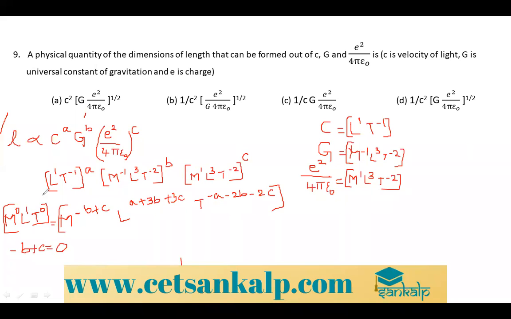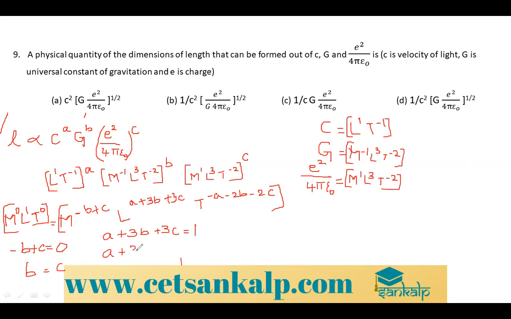The power terms you are going to equate in the next step. That is from the dimensional analysis. From this I can write it as b is equal to c. Okay. Next, a plus 3b plus 3c is equal to 1. But already here b is equal to c.